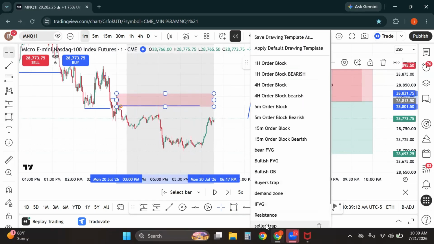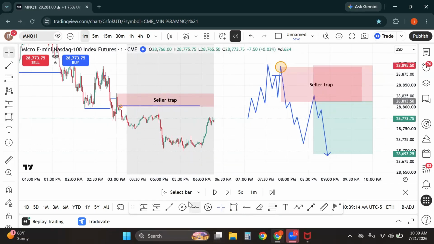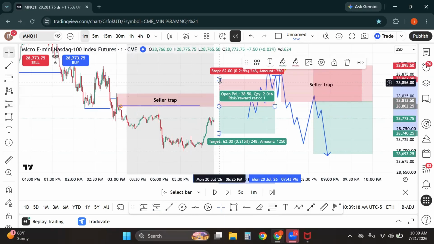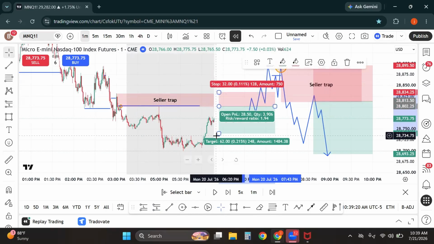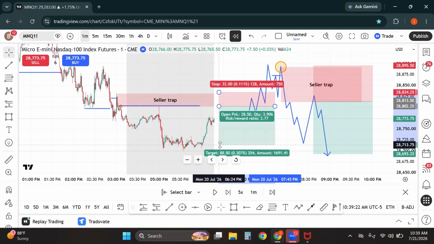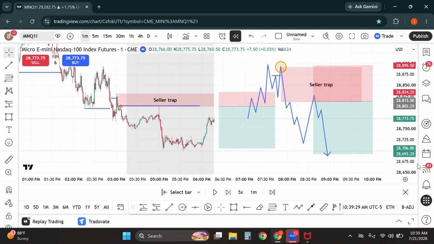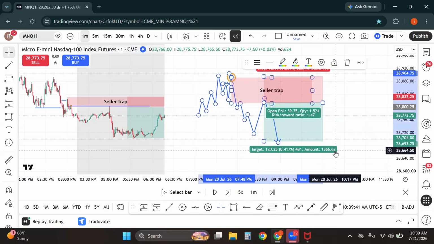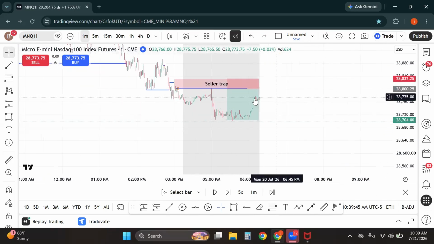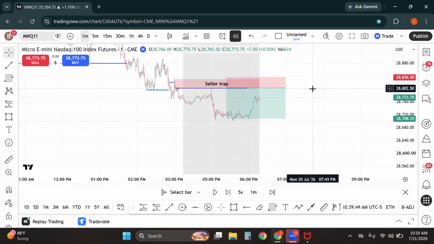Our seller's trap. We look to be taking the short as soon as we tap the zone. Stop loss above. Target, your target. So I went with right about a 3R trade. So let's play price action out a bit. Let's see what we get.